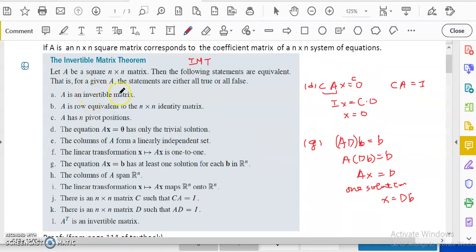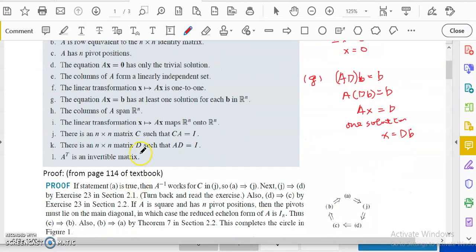If A is an invertible matrix, then A transpose is also invertible, right? I don't know if I proved it, so how do I know that it is also an invertible matrix? So we claim that A inverse transpose is the inverse of A transpose. So how do I prove it?